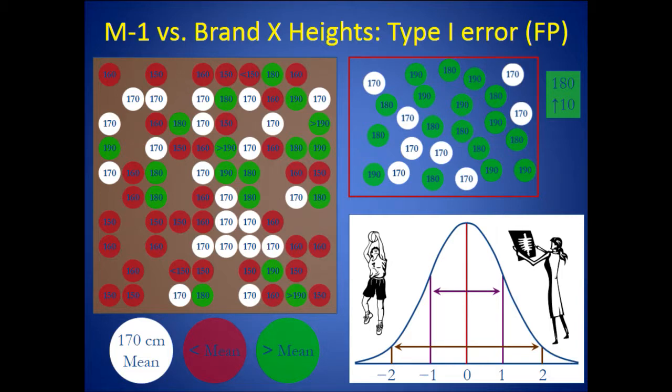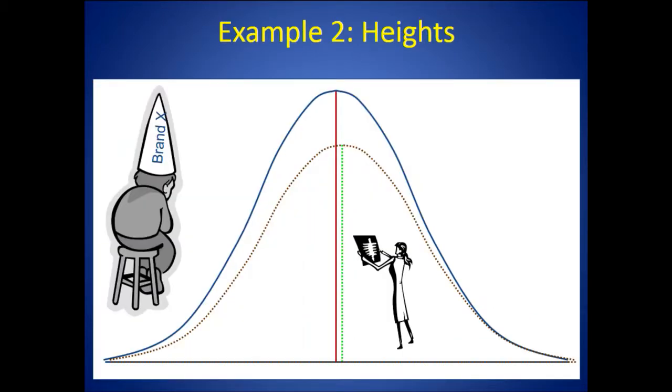So maybe he ended up with a sample that was biased to the tall people because he measured the heights of the basketball players in the medical school. Or maybe he just got unlucky, you know? So random error and bias are the two things that could mess you up here. And you could mistakenly say that there's a difference when there really isn't one.